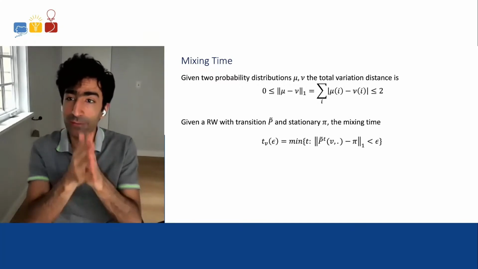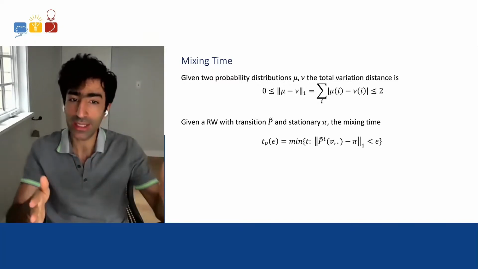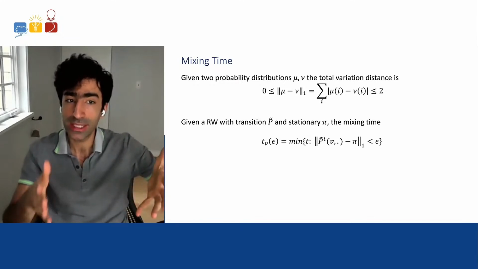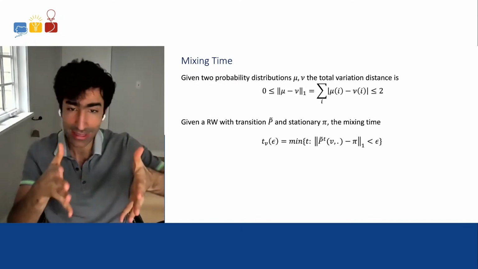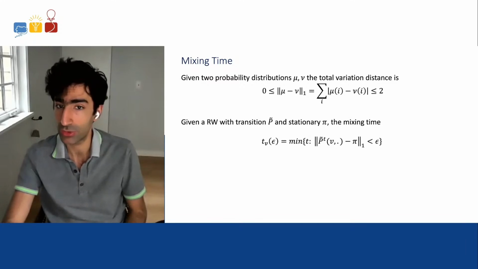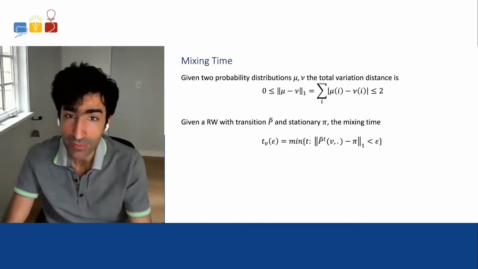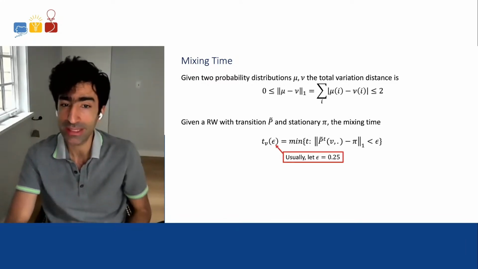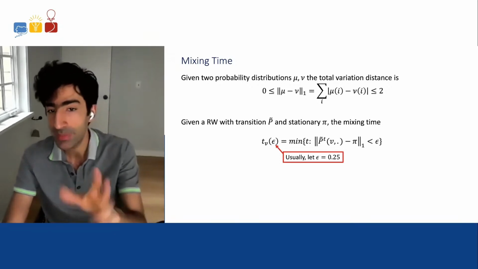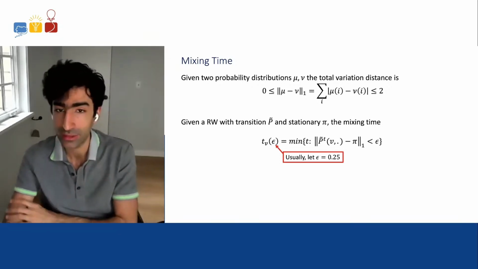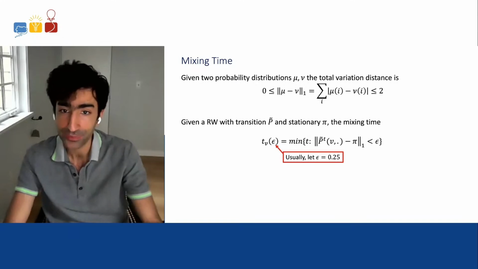So I want to find the first time such that the distribution of my walker is at distance epsilon of the stationary distribution. You can take epsilon whatever you want for your particular application, but typically in practice, something like epsilon about 1/4 or 1/8 would work nicely.